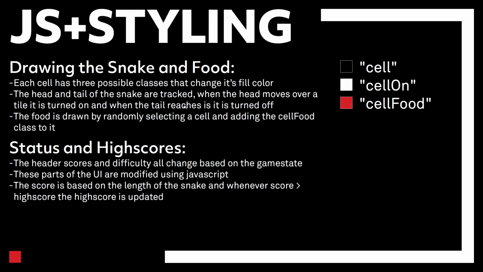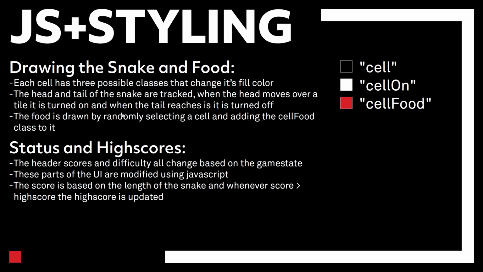In order to draw the snake and the food, I created 3 classes that each have different styling, and I can toggle these classes on or off for each cell. In order to draw the snake, I track the head and the tail of the snake, and when the head goes over a cell, the cell is toggled on, and when the tail travels over a cell, the cell is toggled back off.